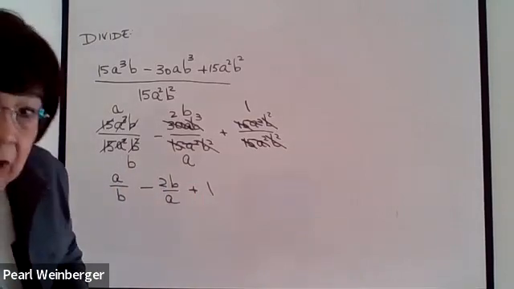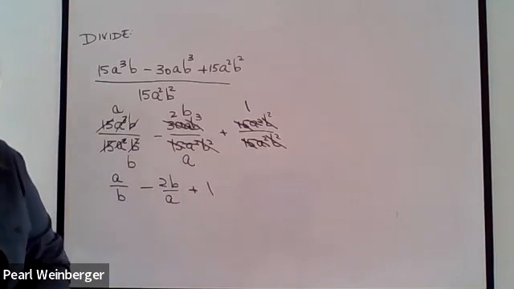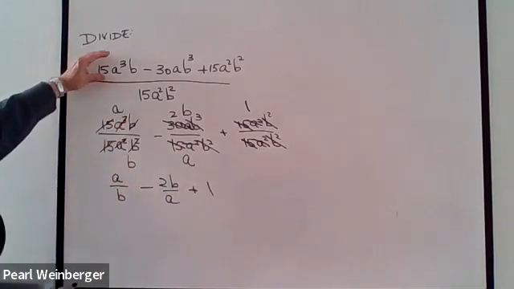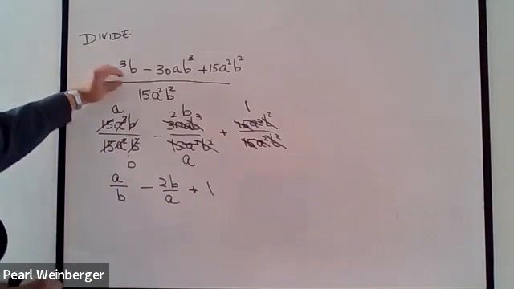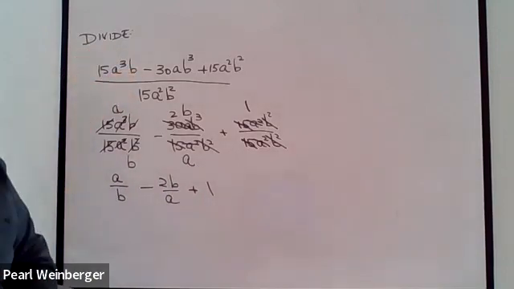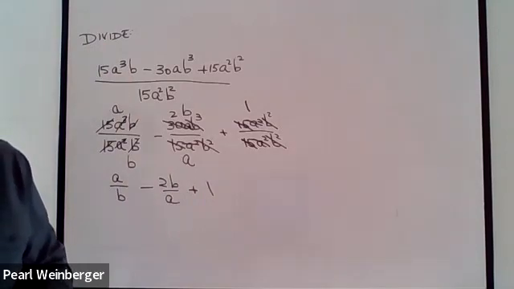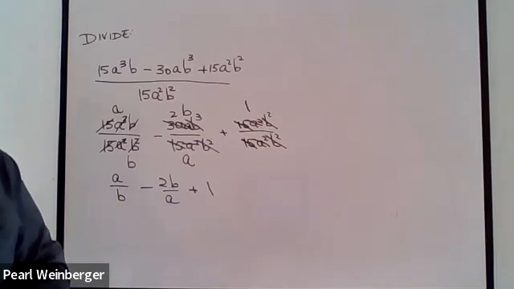All right. So now let's go on to what happens if I take a polynomial, let's say a trinomial, and divide it by a polynomial. Now we're going to restrict ourselves to dividing by binomials because polynomial division itself is quite difficult.